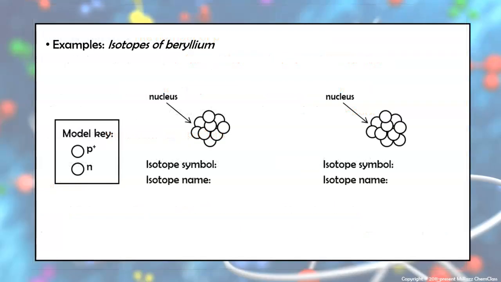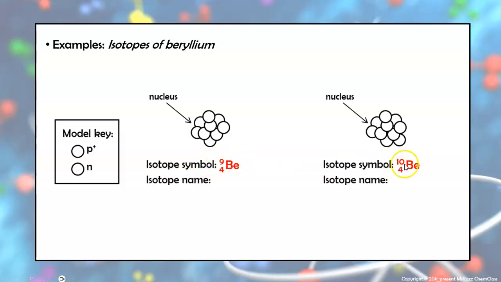Okay, so here is a picture of 2 different isotopes of beryllium. I'm going to give you the isotope symbol and then the isotope name, and essentially you should color yours. So I have 2 different isotopes of beryllium, 9 and 4 and 10 and 4.